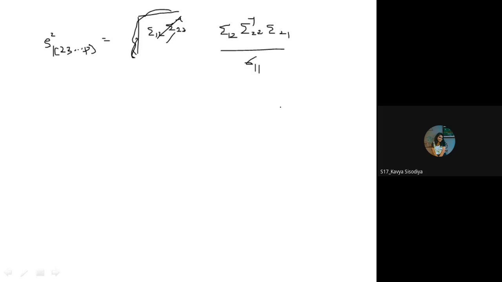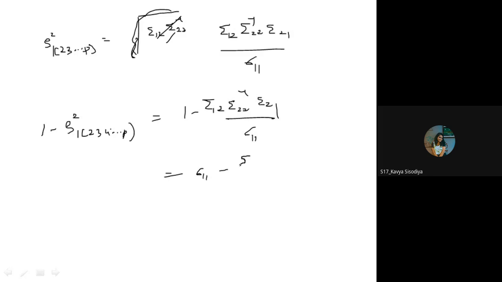So in the form of the correlation matrix, if you wish, how will you write? So we know that 1 minus rho square 1.23...p is equal to 1 minus sigma 12 sigma 22 inverse sigma 21 divided by sigma 11. So it is nothing but sigma 11 minus sigma 12 sigma 22 inverse sigma 21 divided by sigma 11.